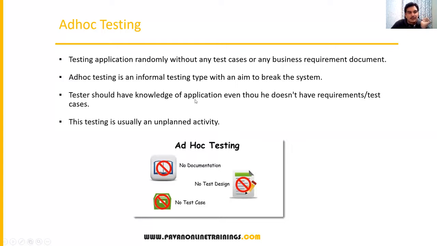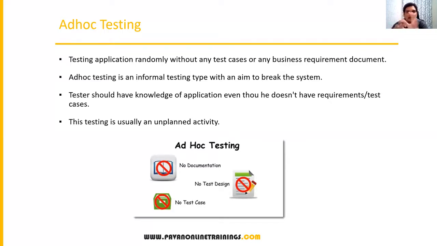How we will have the knowledge depends on your previous experience. And this testing is usually unplanned. We don't have any planning for this testing. Whenever it is needed, we can conduct this testing. Ad hoc testing means randomly test the functionality, but here we know the functionality, we can assume the functionality of the application. This is ad hoc testing.